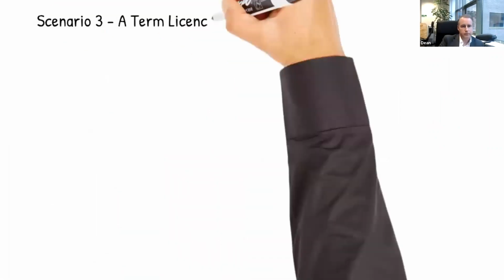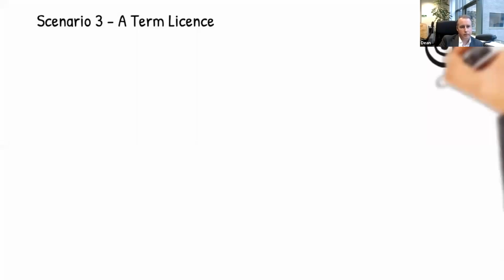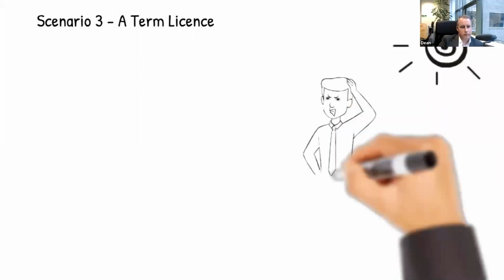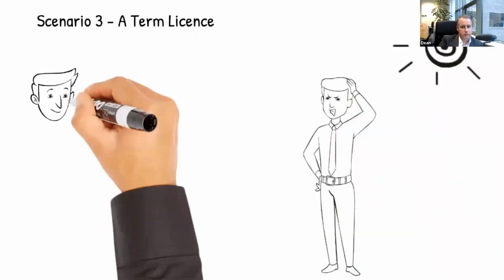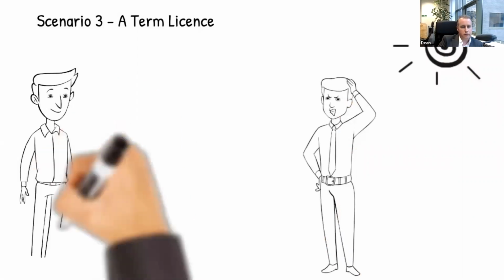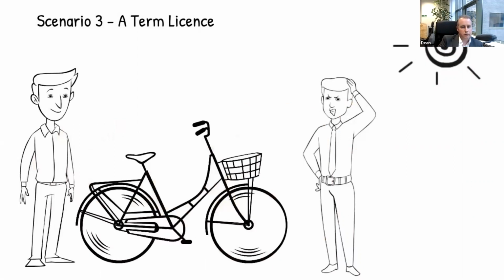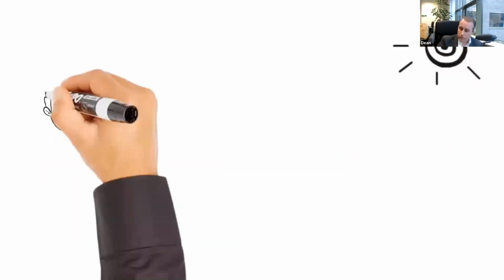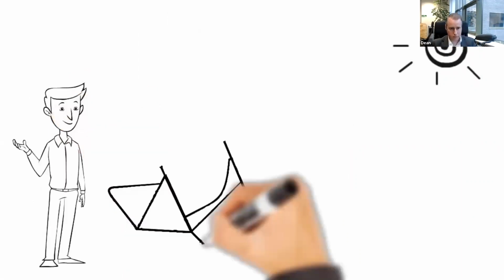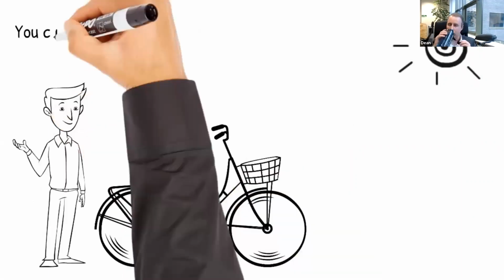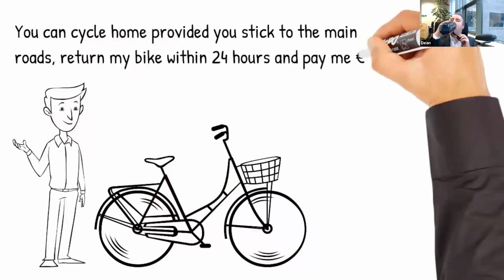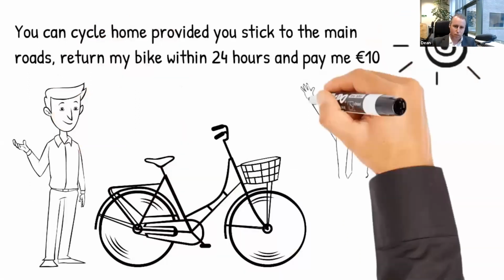Paul is walking by John's house and it's a terribly hot day and he wishes he could get home quickly and out of the heat. He asks John, can he use his bike to get home? John agrees to let Paul use his bike to cycle home on the condition that he stays on the main roads, returns the bike within 24 hours, and pays John €10.